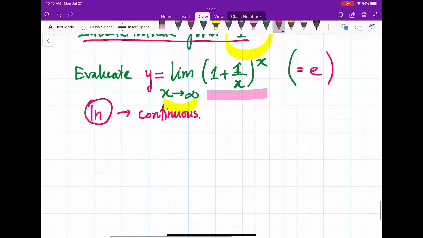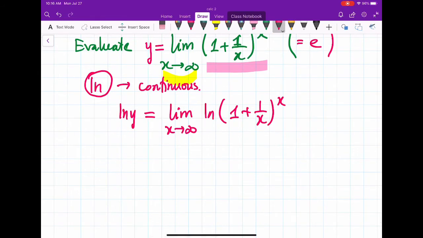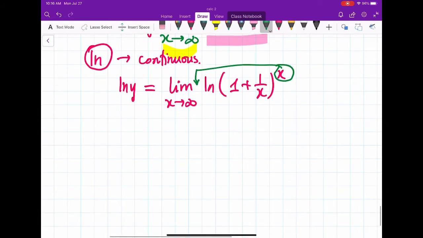So you have ln of y equal to the limit of ln of (1 plus 1 over x)^x as x approaches infinity. And ln is a very good function: if you have a power in here, you can take the power down, right? So this is equal to the limit of x ln of 1 plus 1 over x, where x approaches infinity.